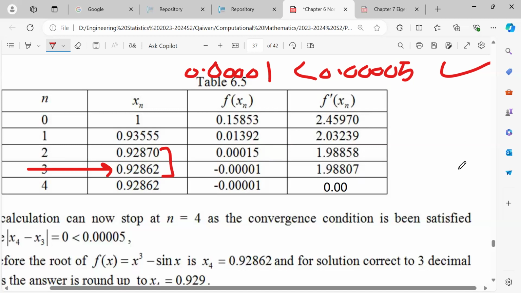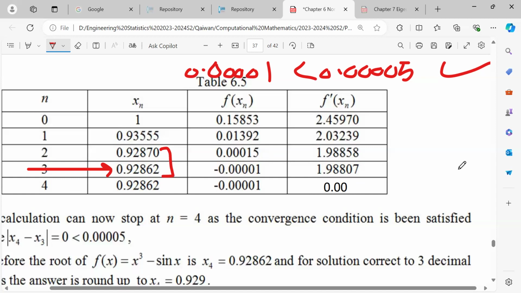We said if one of these two conditions is satisfied, we stop: if f of the last x is less than the error, or the difference between two successive x values is less than the error. In the previous step, only one of the conditions is satisfied. So even you could stop there.